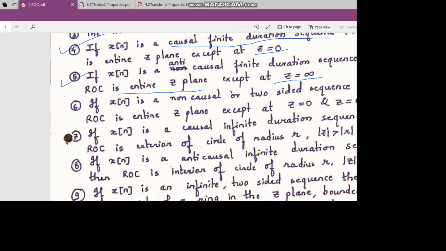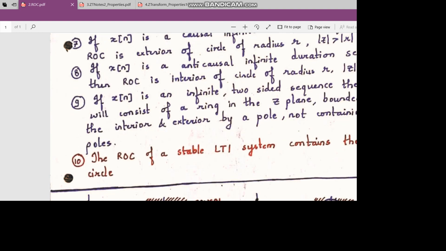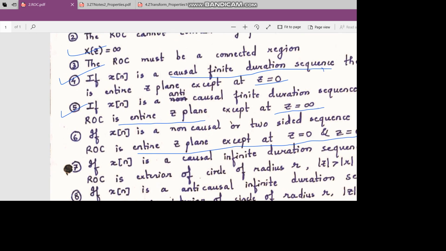Now, if X of n is a non-causal sequence or a two-sided sequence, that is, it contains some positive values and some negative values of n, then the ROC is the entire Z plane except at z equal to 0 and z equal to infinity. That is a combination of both of these, causal and anti-causal.